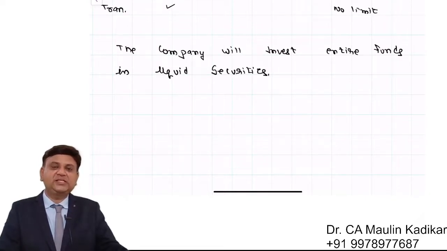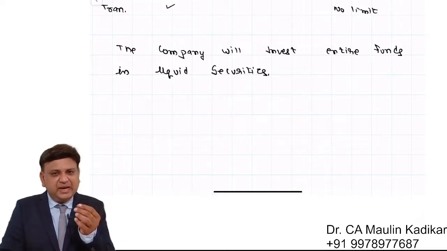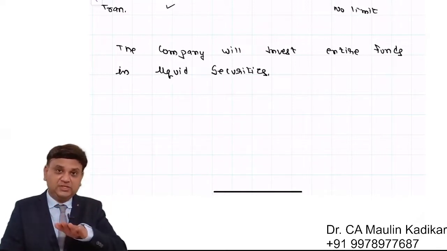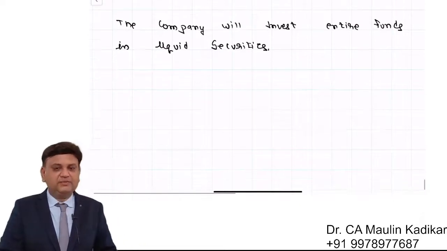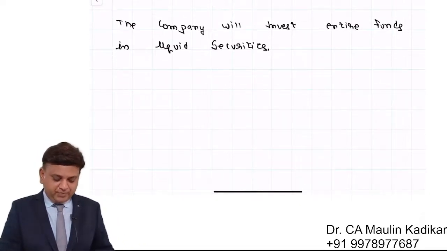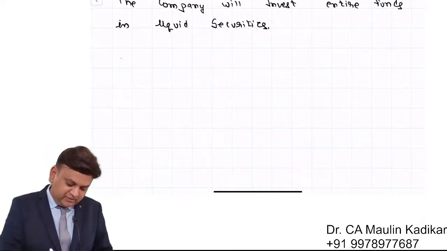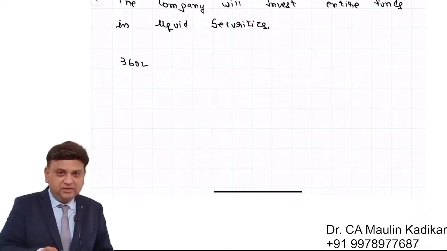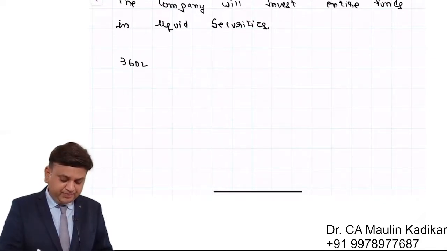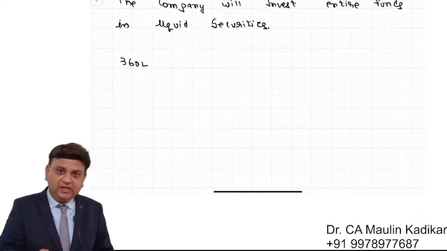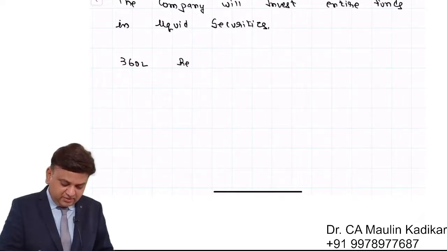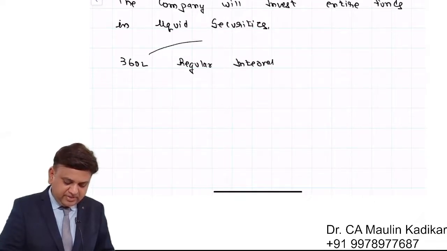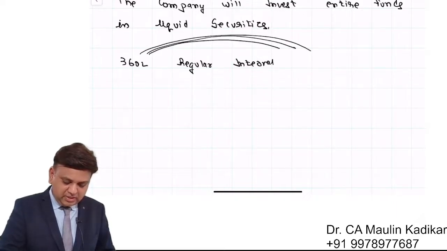Mutual fund debt securities are the best example of liquid funds, wherein you will get some marginal return with no risk, no risk in terms of the principal amount. So what you can do, we can make investment of the entire 360 lakhs, the example which we are continuing, in the liquid securities, and then on a regular interval, I repeat, on a regular interval, this amount will be transferred to the current account.